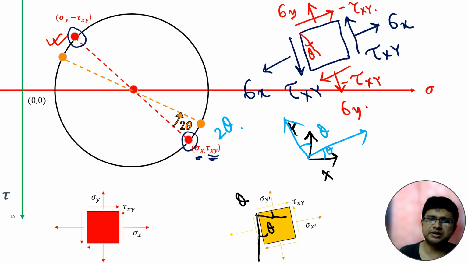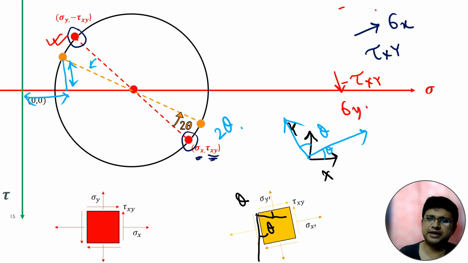So these 2 points have rotated by 2 theta, and from the Mohr circle we will get the new values of normal and shear stress for these two different points.